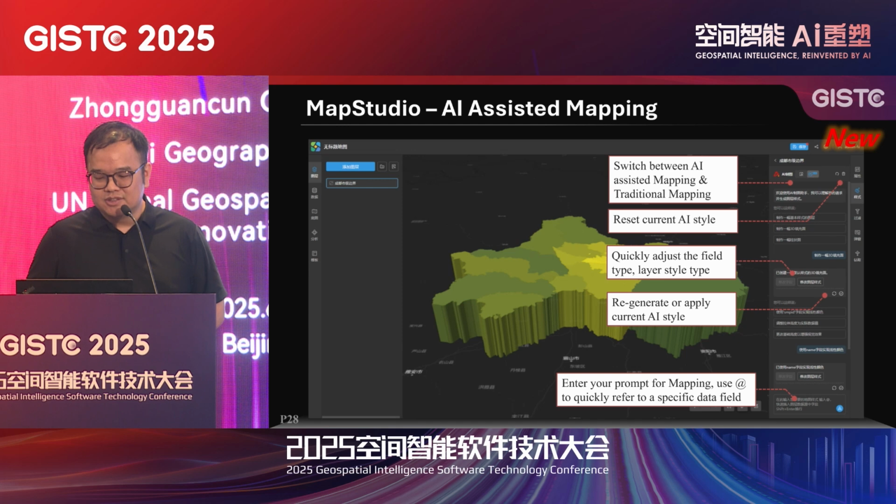This is the user interface. The user enters a prompt as the request to make a map. Then we can make adjustments. We can reset the AI effects. Then we can ask the AI to redo it if you really don't like the style or anything. We can always switch back to the conventional way of making maps with this toggle button at the top.